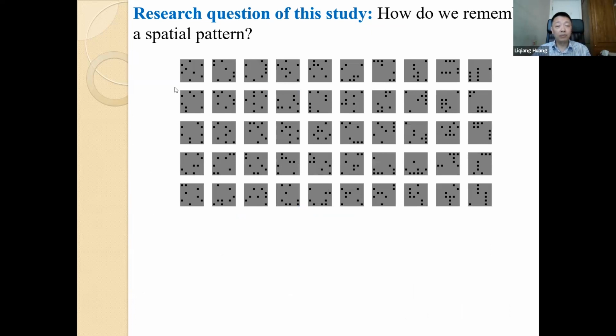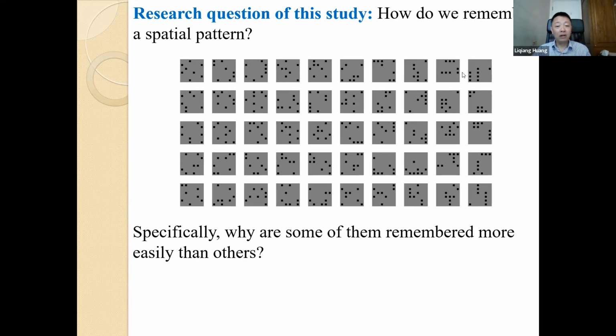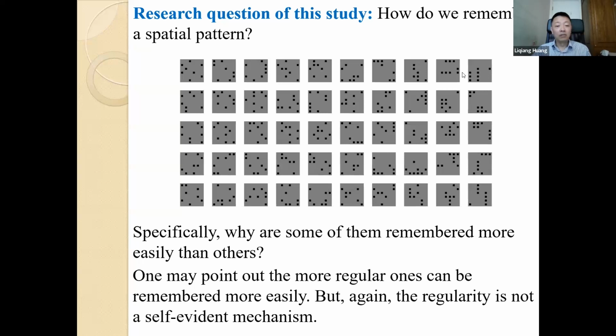So this is the research question: how do we remember a spatial pattern? We have many of them, and those are some samples. By looking at this, I'm sure you realize that some of them are easier than others. Why are they easier?